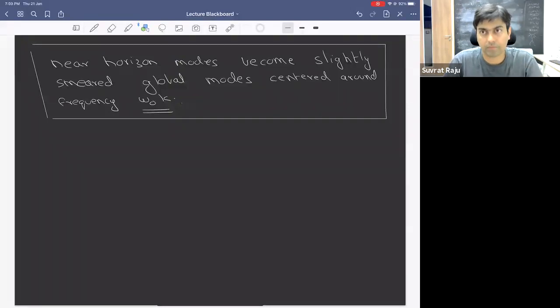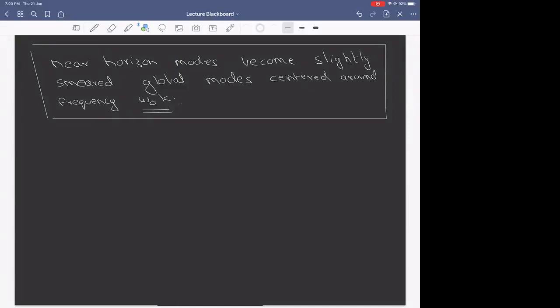In general, actually, there's a question in the chat, which is asking, are there subleading terms in the near horizon mode expansions which depend on the choice of smearing function? Yeah.